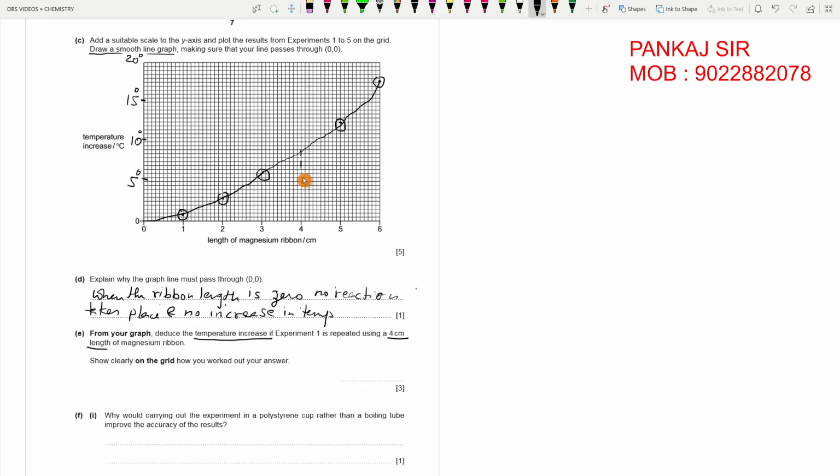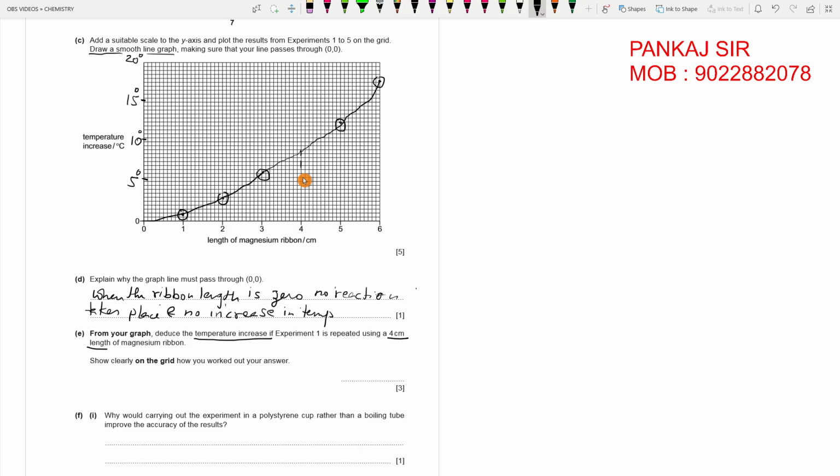Okay, so here the reading is somewhere near 8 and 9, between 8 and 9. So the answer will be, I'll write here 8 to 9 degrees centigrade. Fine. Somewhere between 8 and 9, right?